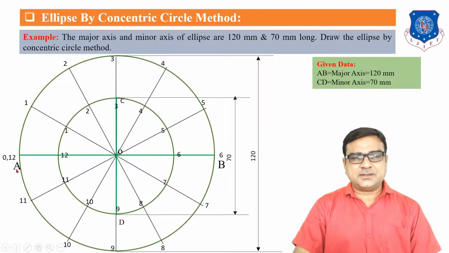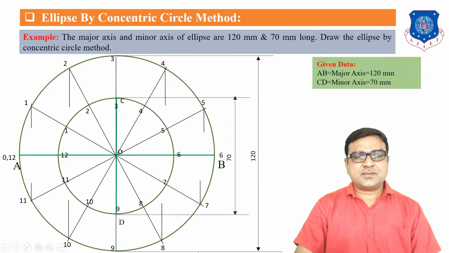In this method, we have to draw a vertical line from the outer circle point 1, and a horizontal line from the inner circle. The intersecting point is a point of the ellipse. So first of all, draw vertical lines from 1, 2, 3, 4, 5, 6, 7, 8, 9, 10, 11, and horizontal lines from 1, 2, 3, 4, 5, 6, 7, 8.